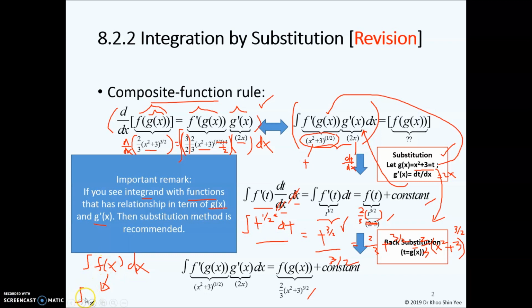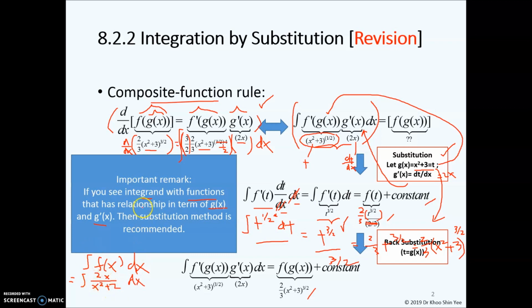For example, let's say you have something like this. You see this is a composite function: you have 2x at the top, and the polynomial function x squared plus 2 at the bottom. If you differentiate x squared plus 2, you get 2x at the top.